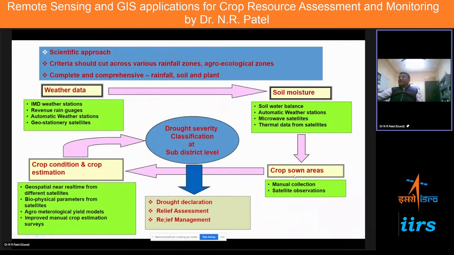To a certain extent, we will get crop sown area also, that is, how much crop sown area deviation there is. So all these four together help to decide drought and declare drought severity at the district level.